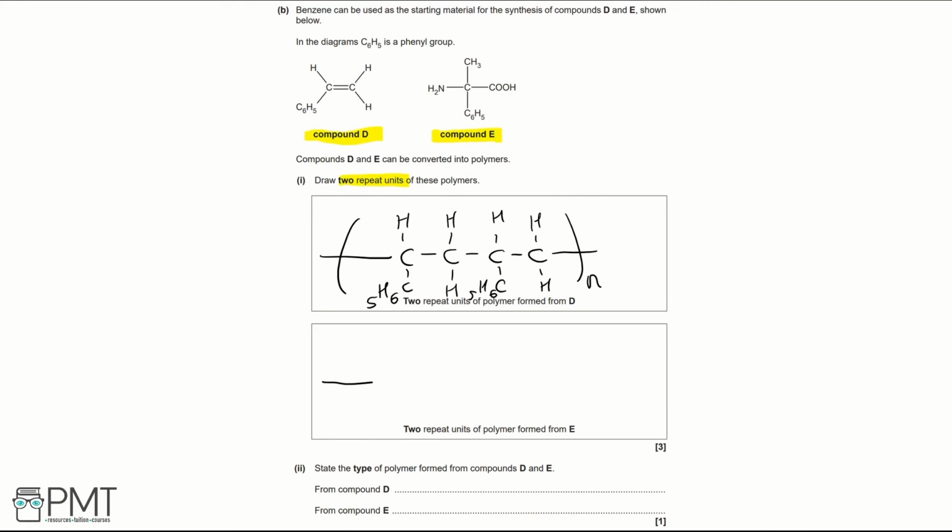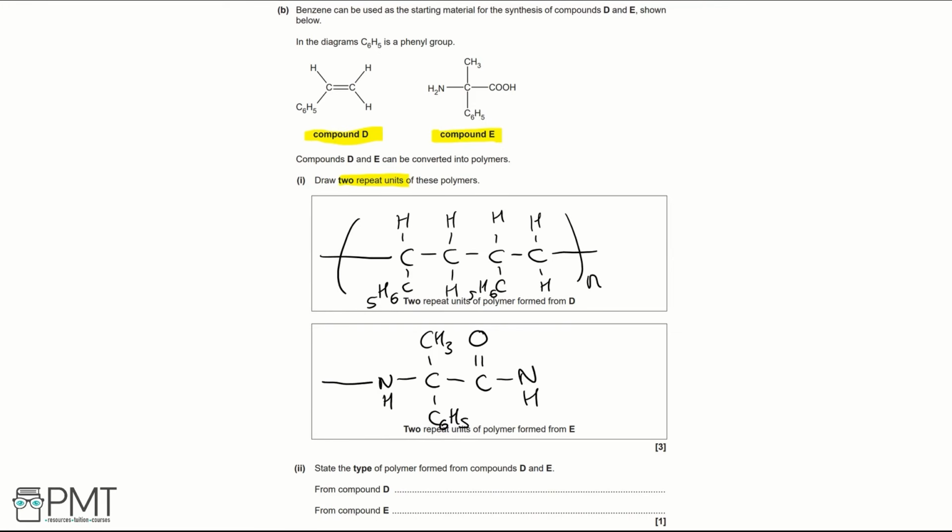So this means we're going to have NH at one end and then our CH3 phenyl group, C6H5, connected to a carbonyl group and then an NH. So here we've folded the polymer back onto itself and we've repeated it.